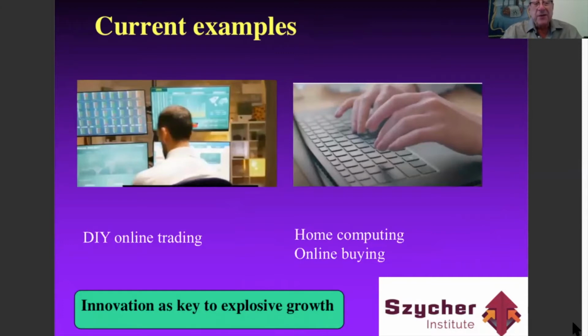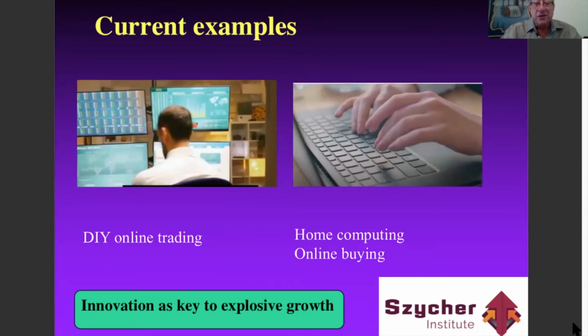Well, for example, do-it-yourself online trading. You may remember that at one time you had to call a stock trader, you had to give them an order, whether it's to buy or sell, and your trader was the one that did everything for you. Well, now, by the click of a mouse, you can actually do this by yourself.